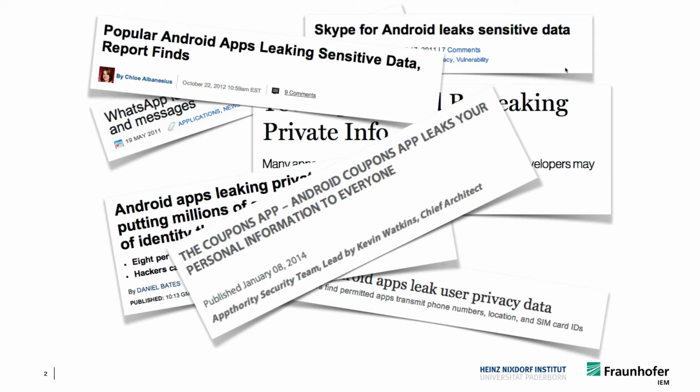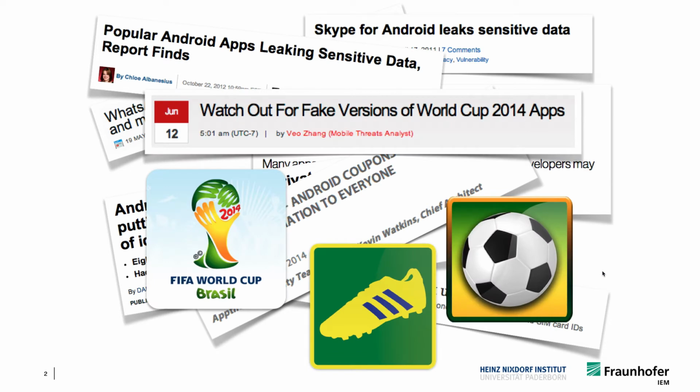And so you saw all these news messages. And I remember when we started, there was the World Cup 2014 coming up, and you could really see that they had a malware campaign back then where they brought out a couple of malware apps that were faking to be officially FIFA sanctioned World Cup apps.